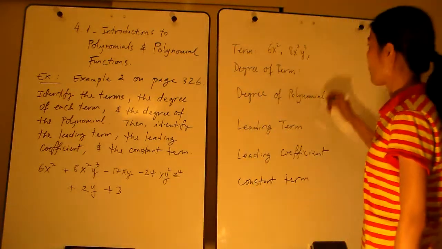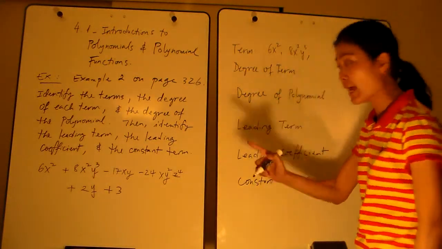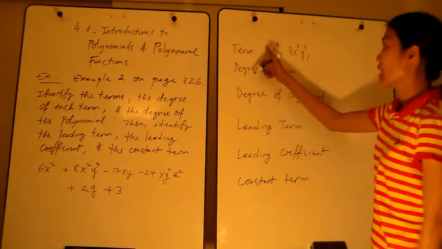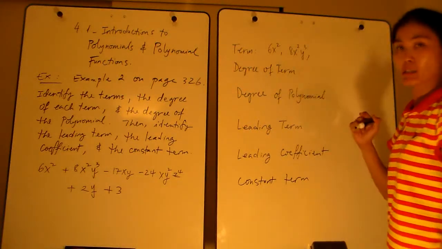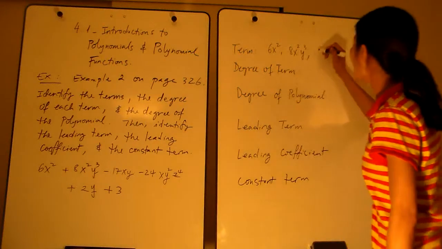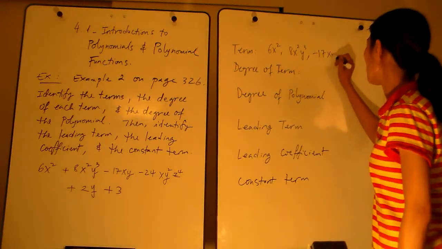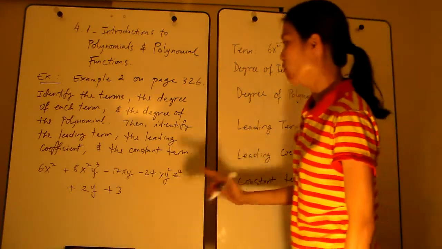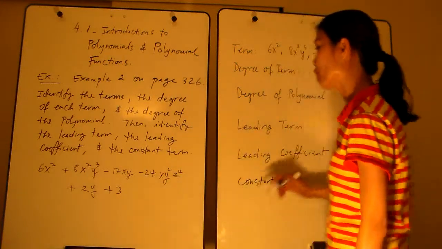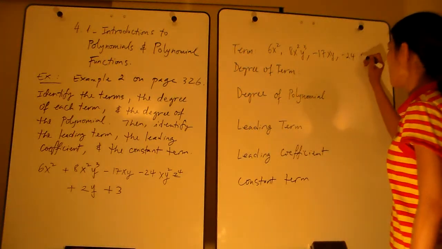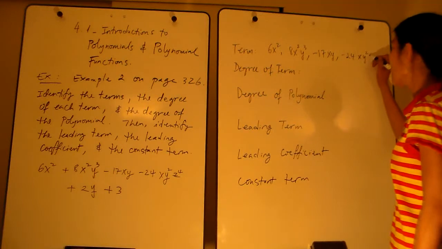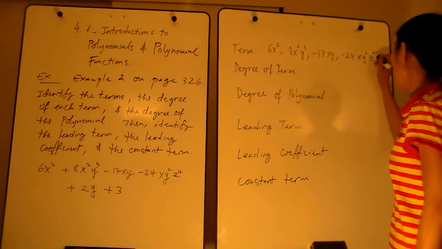The third term is negative 17xy. Don't forget the negative. The reason I don't write the sign here is that it's a plus. The fourth term is negative 24xy squared z to the fourth power.